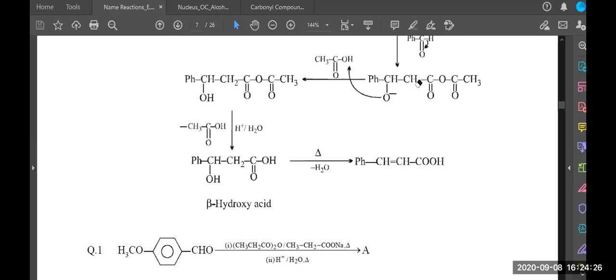The reagent is the base of the anhydride, or an acidic base of the anhydride having the same group as the anhydride. The product will be your condensation product. Okay, everyone?